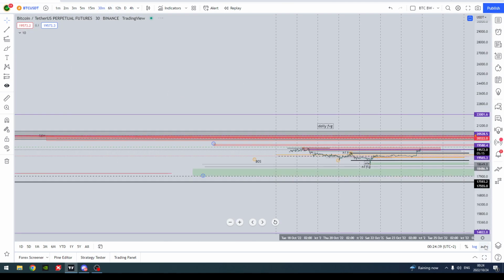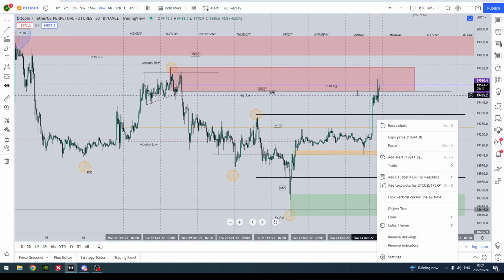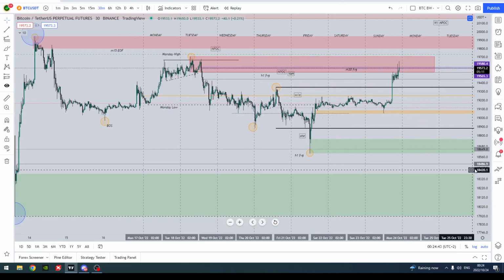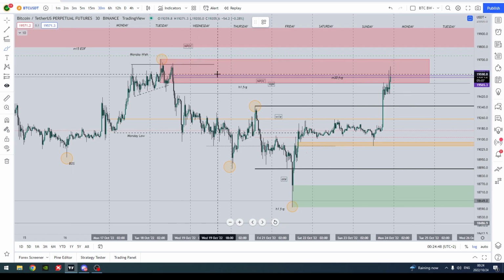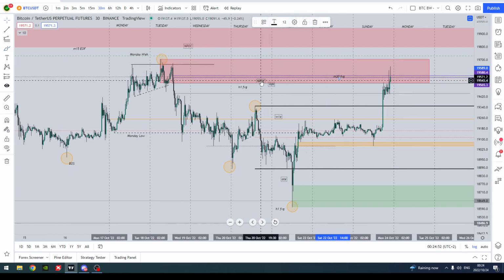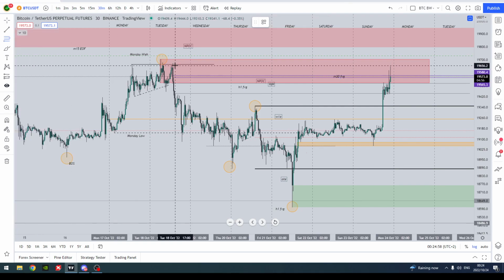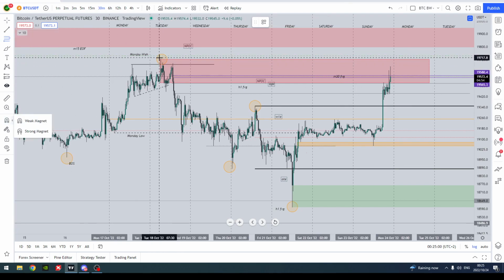Let's just pop down to the 30-minute here quickly. Technically this is a scalp short idea here. We are in a bearish order block. We've got the 30-minute fair value gap here. We've got a previous naked point of control, a value area high. I haven't checked this out yet.